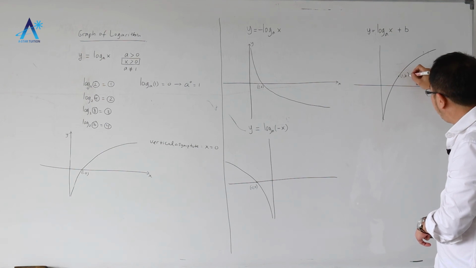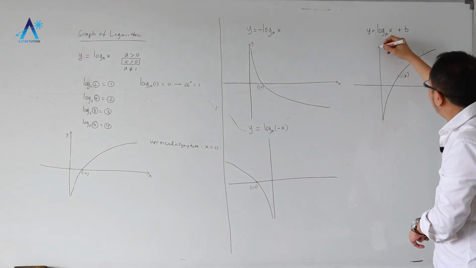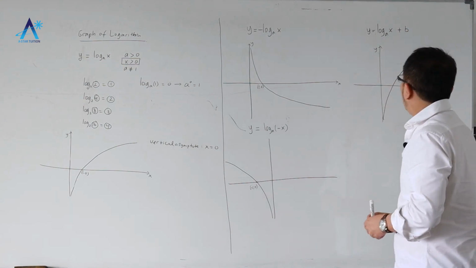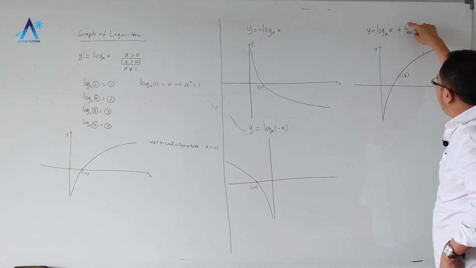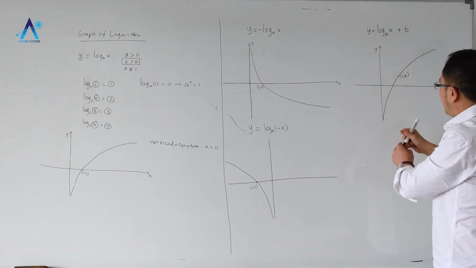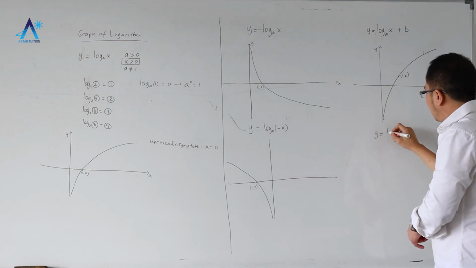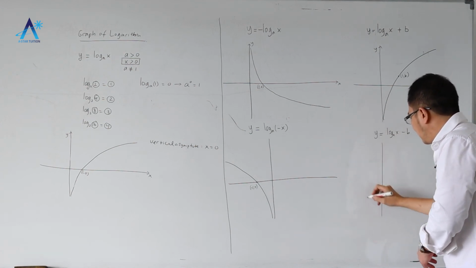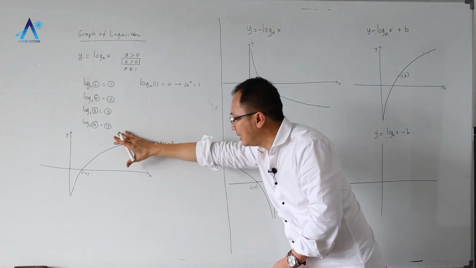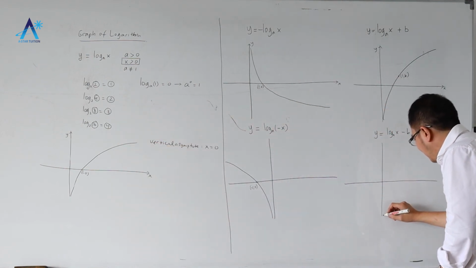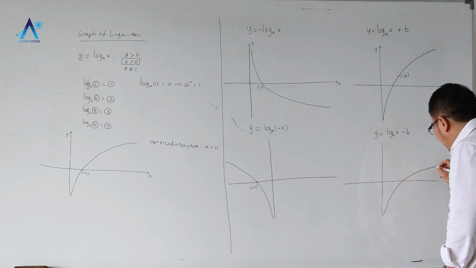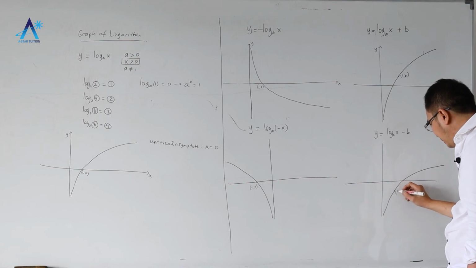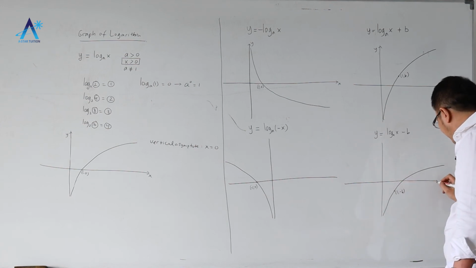This is (1, b) now, because everything is shifted upwards by b. What happens to the negative value of b? Similarly, we just shift the entire graph downwards by b. So this whole original function is shifted downwards by b. That (1, 0) will be (1, negative b) here.